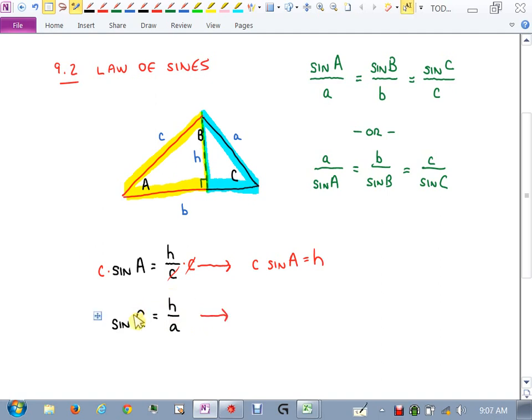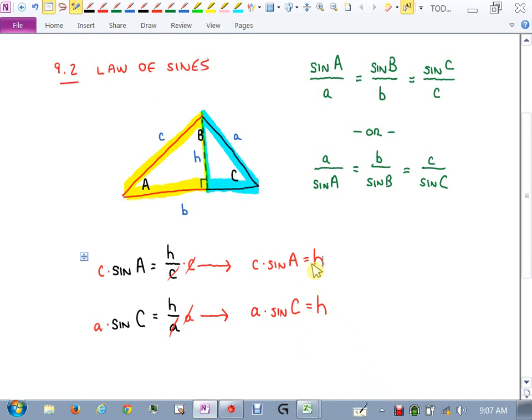I'd multiply both sides of this equation by A. If I do that, the A's cancel, and I get a new equation, A times sine C must equal H. Is that all right?